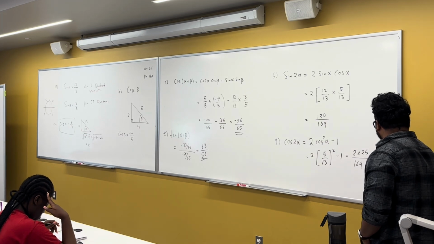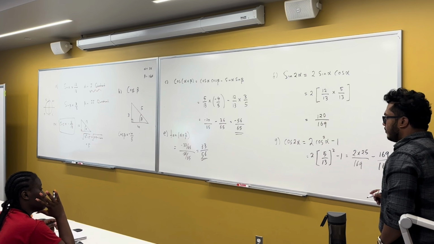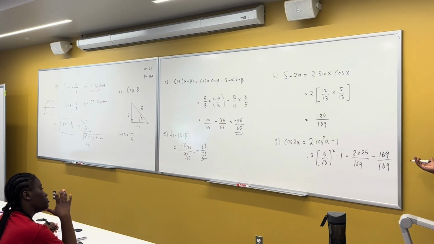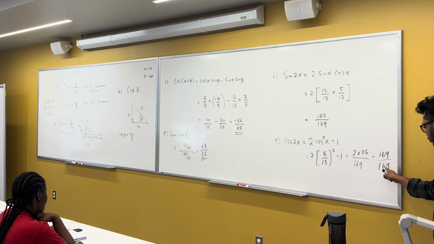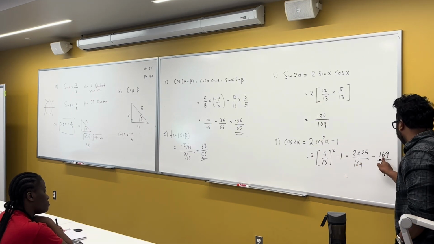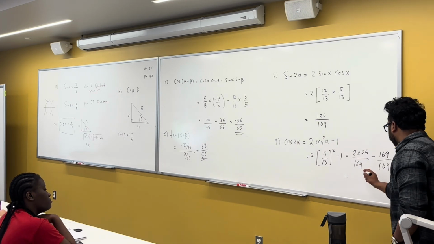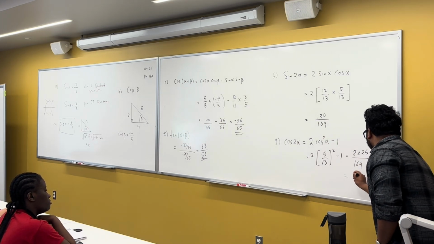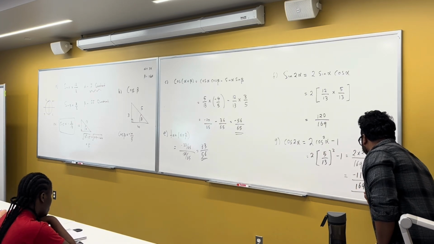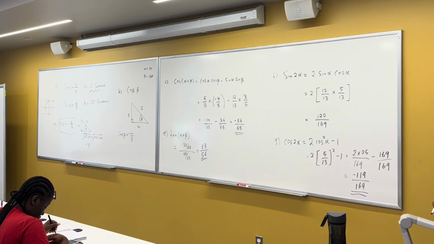I can make 1 as 169 over 169. The reason 169 is special is because it's the denominator. Now I have to subtract 169 from 50. 50 minus 169 is minus 119. So minus 119 over 169. That's my cosine 2 alpha.